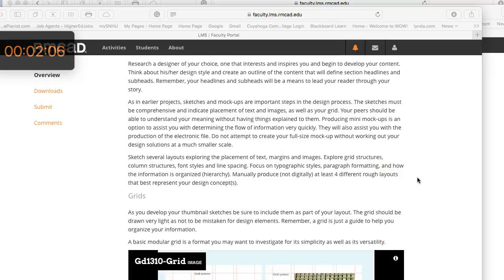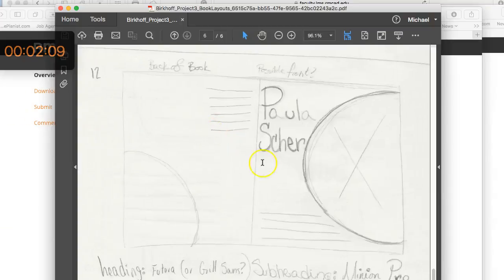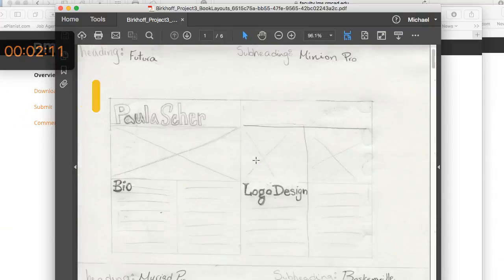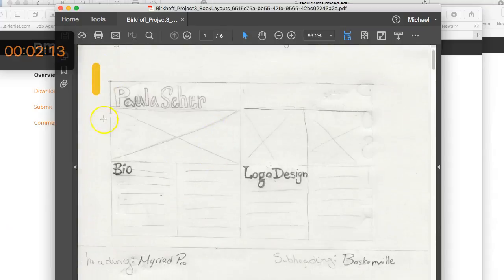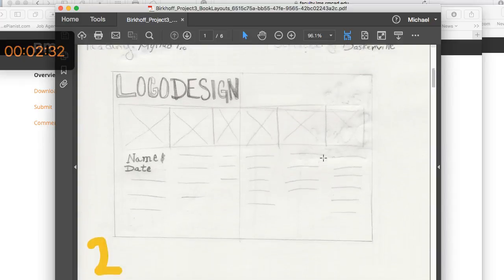So what you want to do here is say, okay, this is my first example. Then here's 6 spreads of your first example, so the whole 12 pages of your first example, saying Minion Pro on each page. And then the next page, what does it look like? And then your second idea, you would do the same thing.